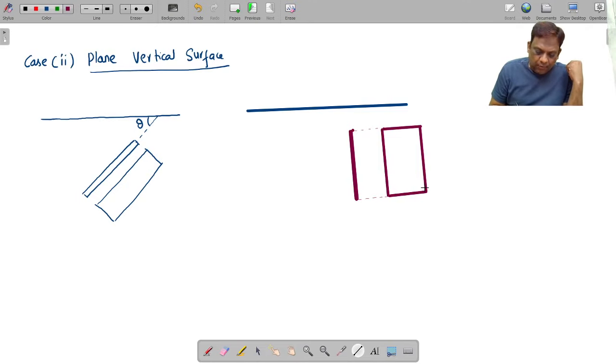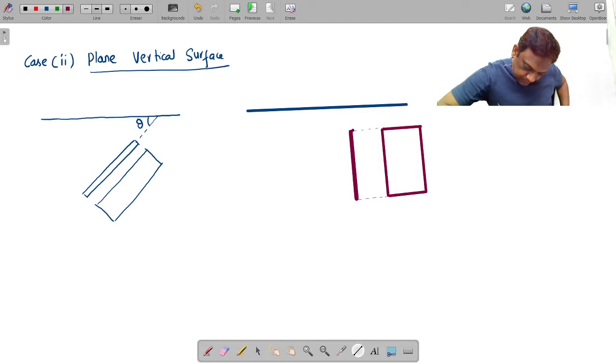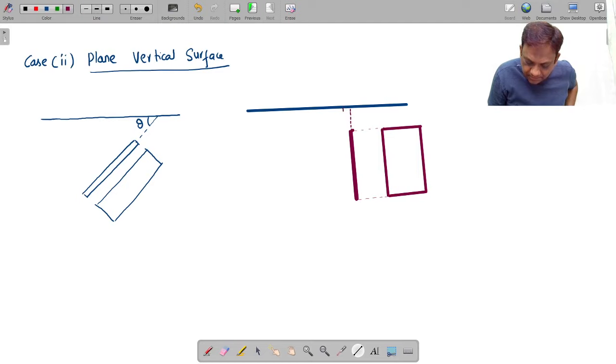So, can you tell me what is theta? What is this angle? So, this is our G, D dash.